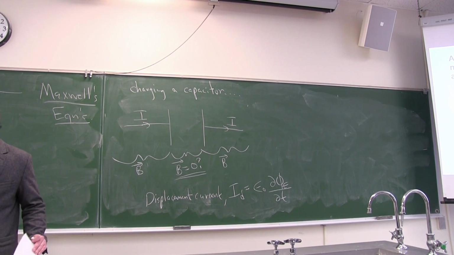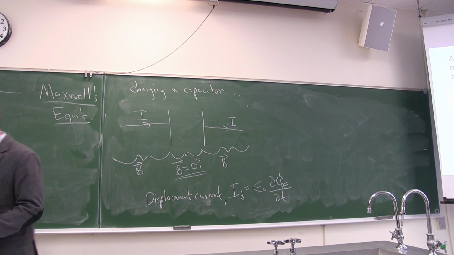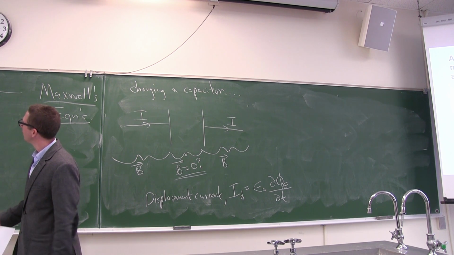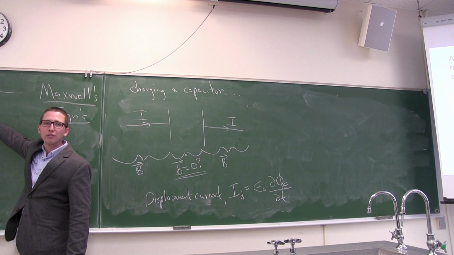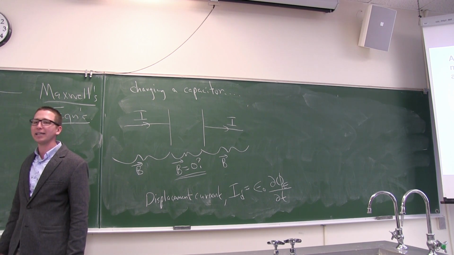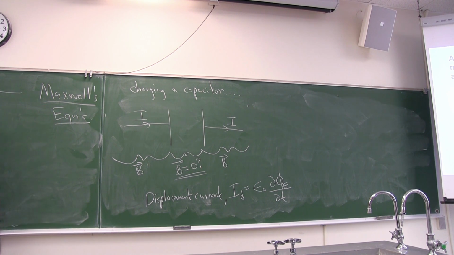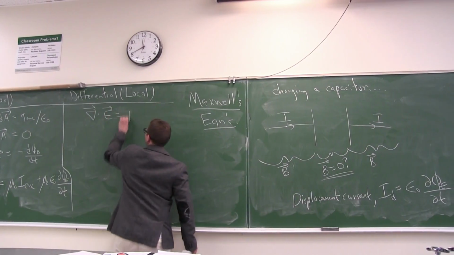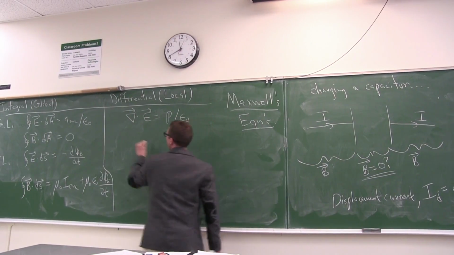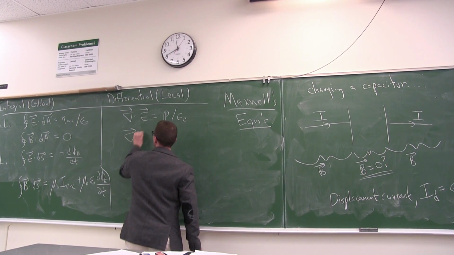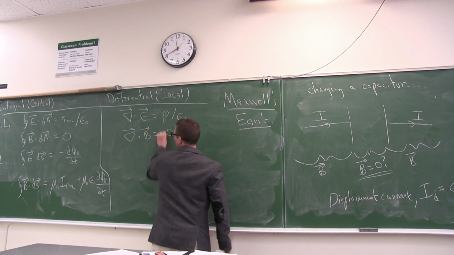But then I also want to point out that there's another way to express these equations, and that is I can write them in an equivalent form, what's called a differential form. So this equation I can write as divergence of E equals rho over epsilon naught, the divergence of B equals 0.